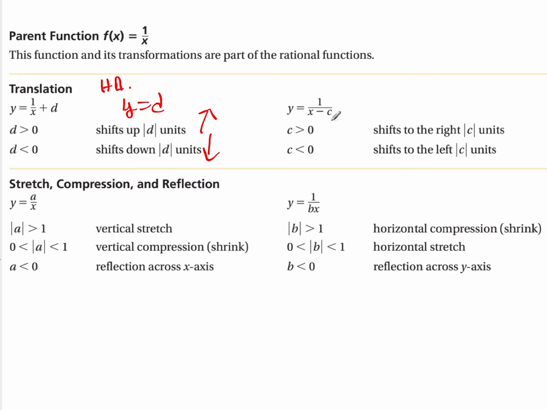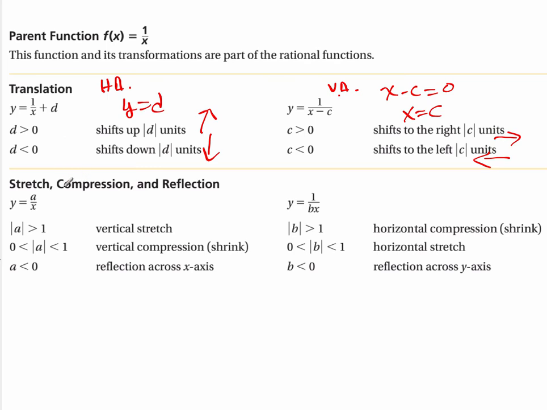When you shift left or right, you have y is equal to 1 over x minus c. If c is positive, it's a shift to the right. If c is negative, it's a shift to the left. Now what happens to your vertical asymptote? Vertical asymptote is wherever your denominator is 0. So x minus c is 0, or x is equal to c.